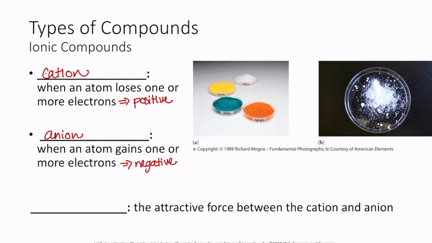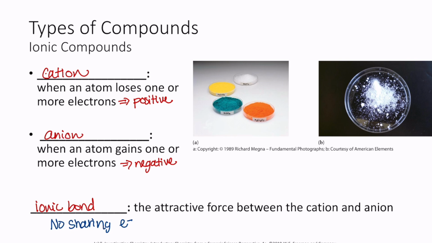An ionic bond happens when you have the positive, negative, attractive forces between a cation and an anion in a compound. The big thing here is there is no sharing of electrons. That's the big difference between covalent and ionic bonding.